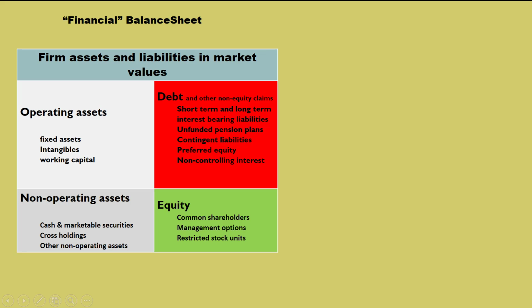Now, let's look at the financial balance sheet, which includes assets and liabilities of the firm, like an accounting balance sheet. But the main difference is that everything in here is in market values as opposed to accounting values.